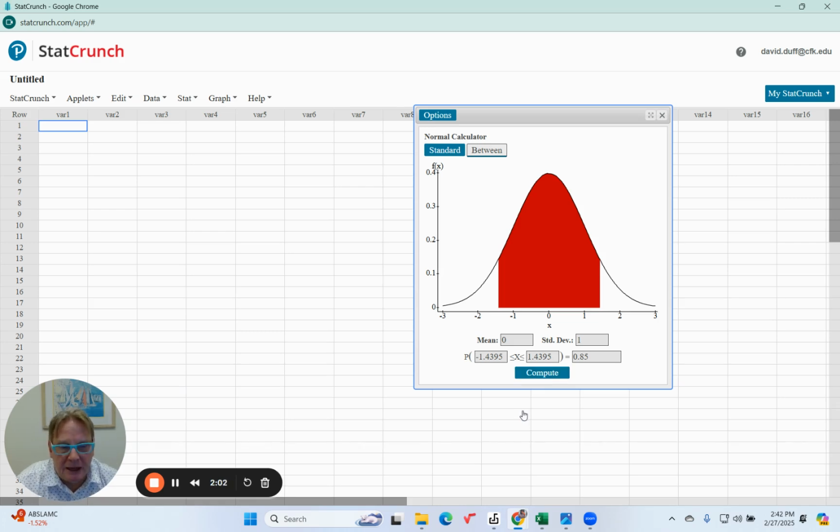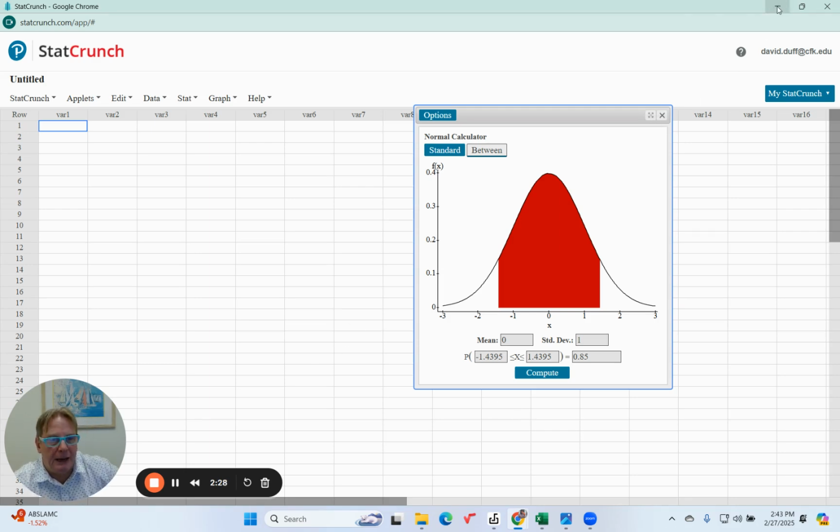So StatCrunch returns a value of negative 1.44 and positive 1.44. So negative 1.44 separates the middle 85% from the left 7.5%, and positive 1.44 separates the middle 85% from the right 7.5%.